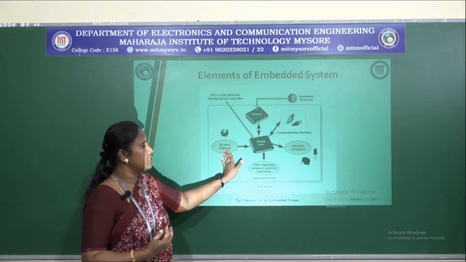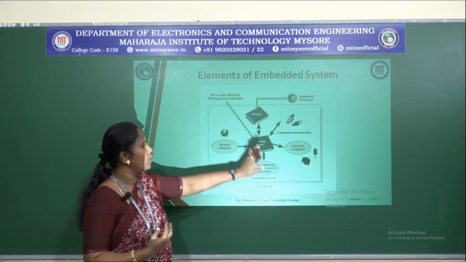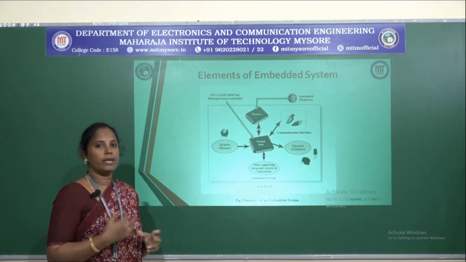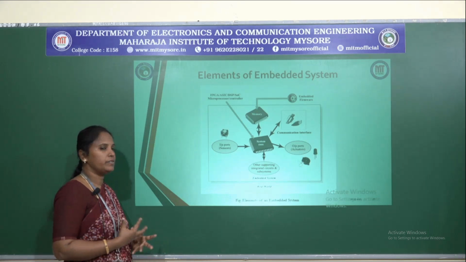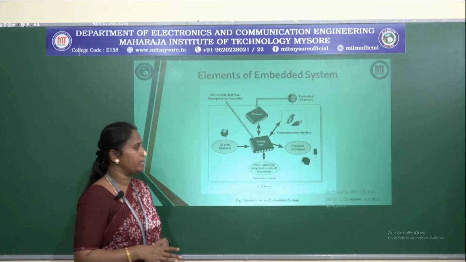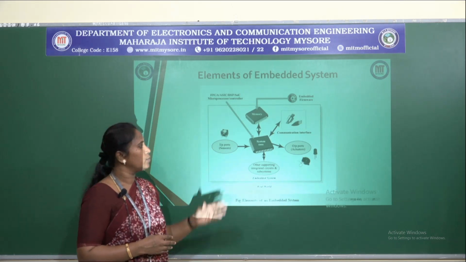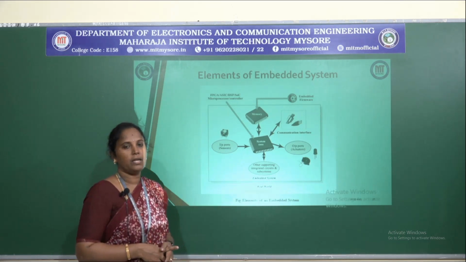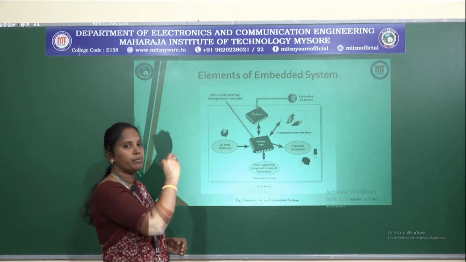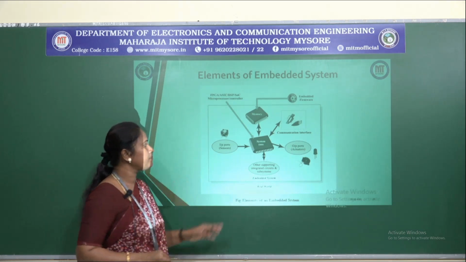Next, other than these main devices like input, output, processor and memory, if you want any external interfaces connected to your embedded system, that can also be done. So we have a communication interface, like if you want to connect a USB, that provision is also made here.